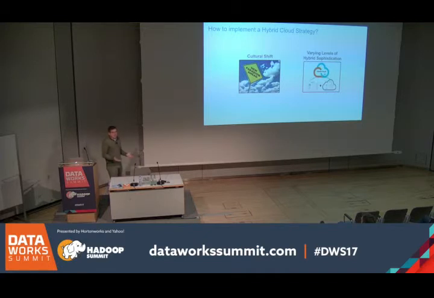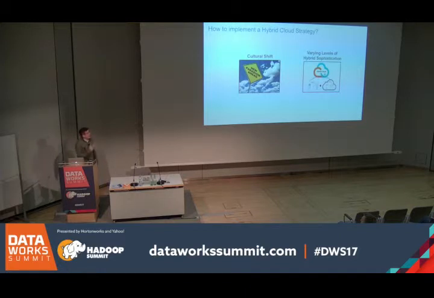What I'm talking about with culture shift is that now people are going to have an environment where they can prototype, and they can do other things that they are not used to doing in an on-prem environment. So basically they need to start thinking differently in terms of how a hybrid cloud exists, okay?